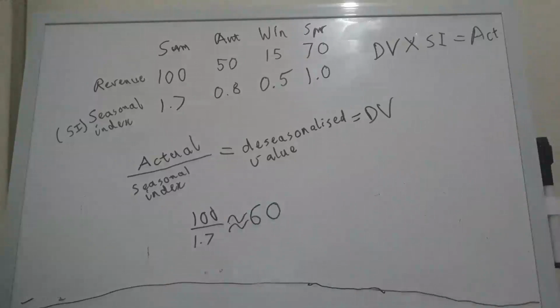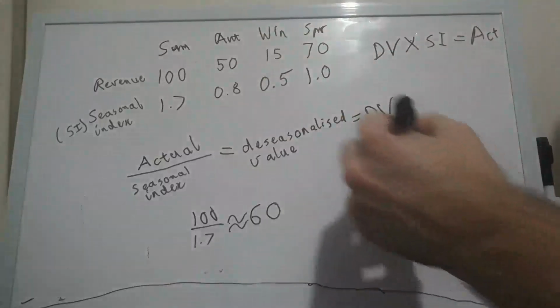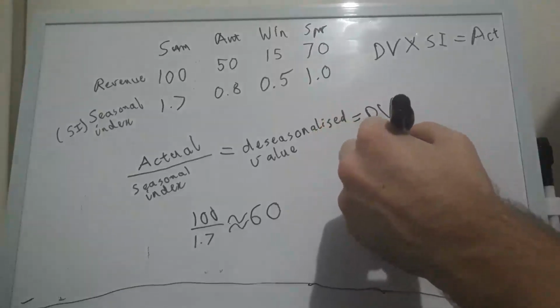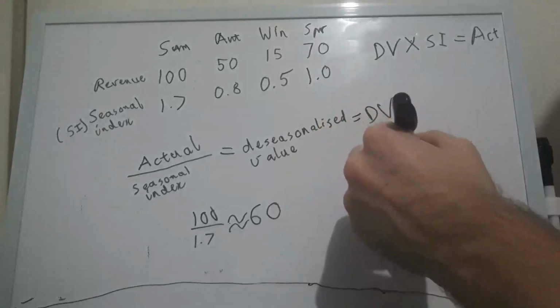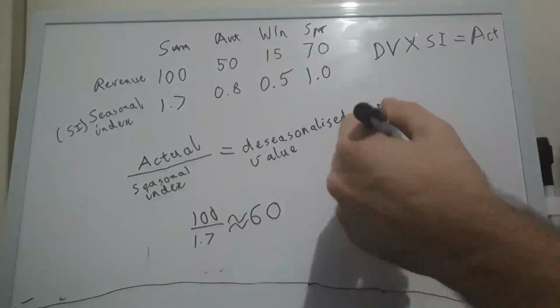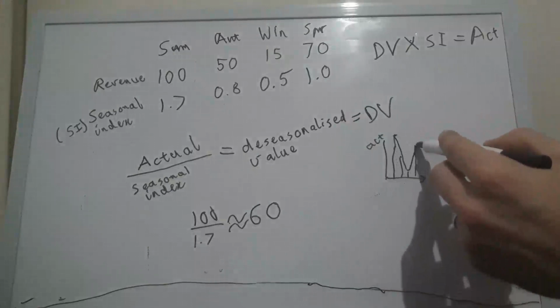Now, if you were simply to plot your actual against your seasons, you might get 100, 50, 15, and 70. So it would go down and then up.